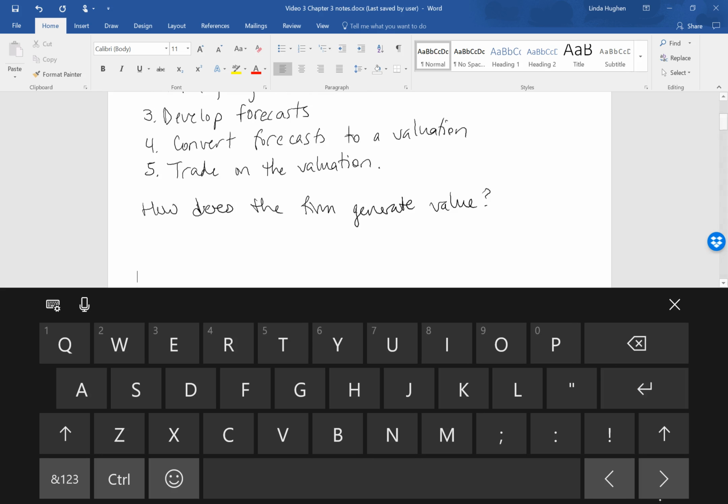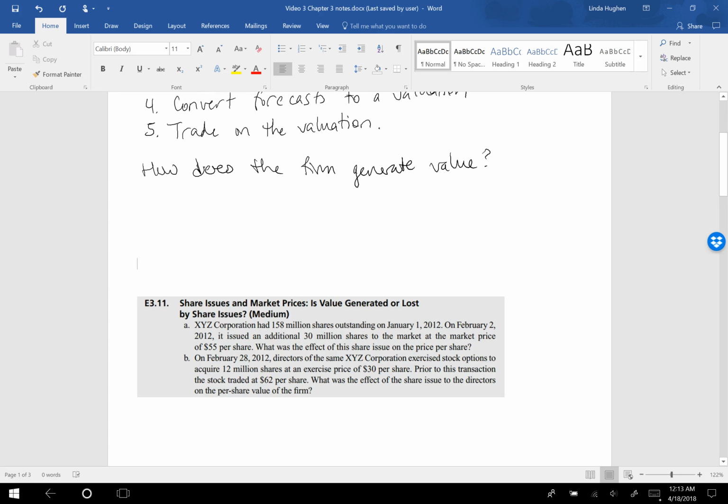is through equity financing. So not from equity financing activities. And we're going to look at why. Share issuances.